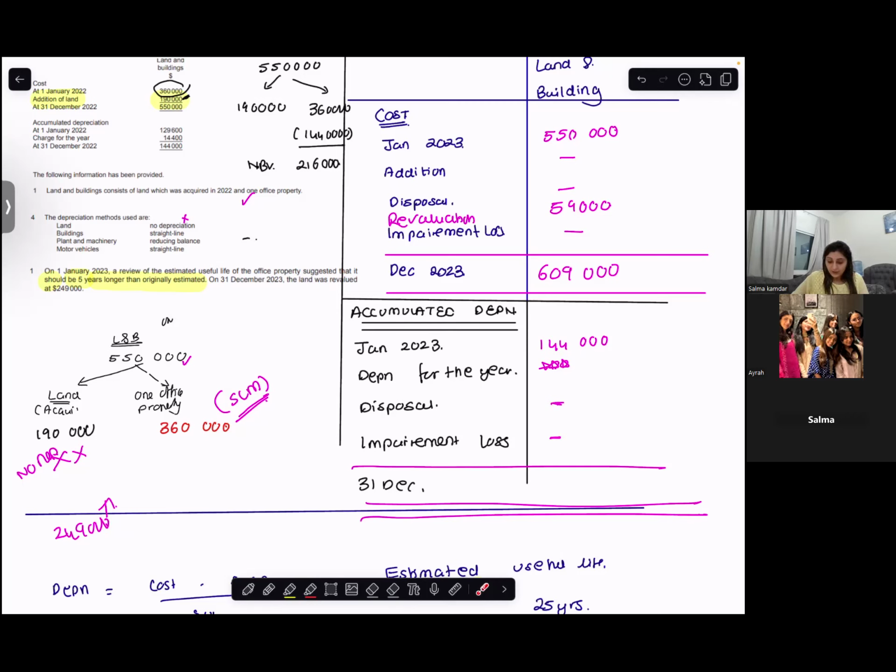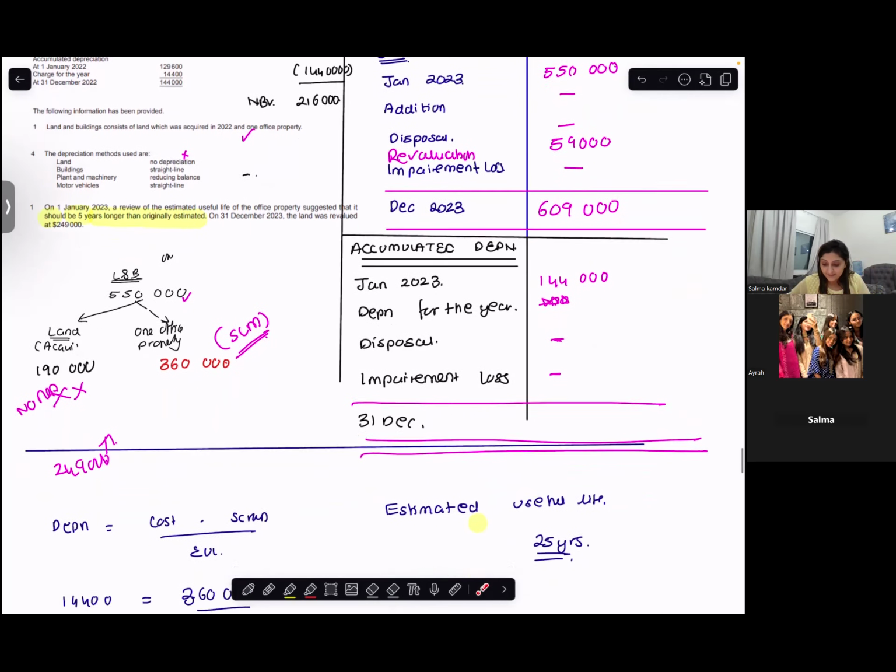So now to calculate the depreciation for the year, they said that initially the estimated useful life of the asset was some years. Now, the estimated useful life should be 5 years longer than the original estimated useful life. Are you with me?